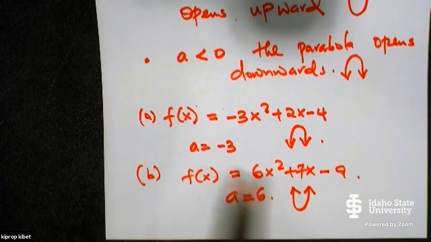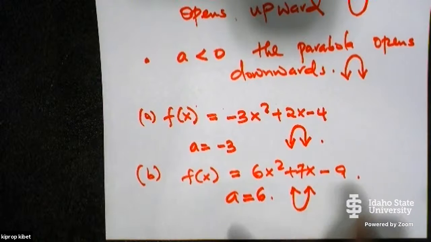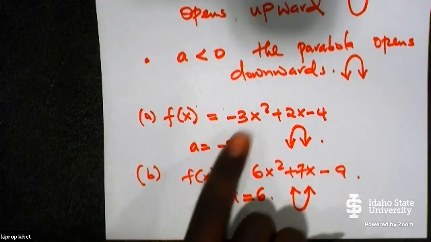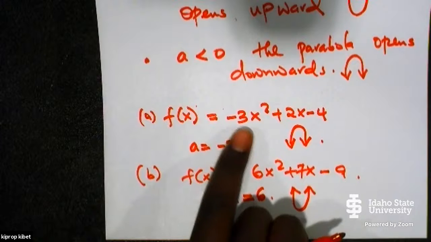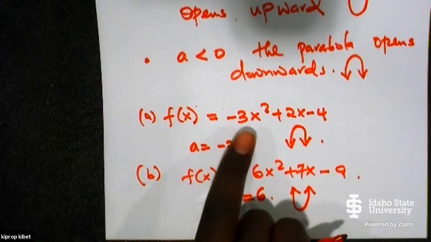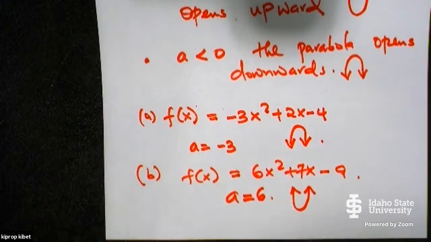So first of all, when we go to the section where we are drawing the graph, our first step is looking at the value of A. How will our graph look? Will it face down or will it face up?